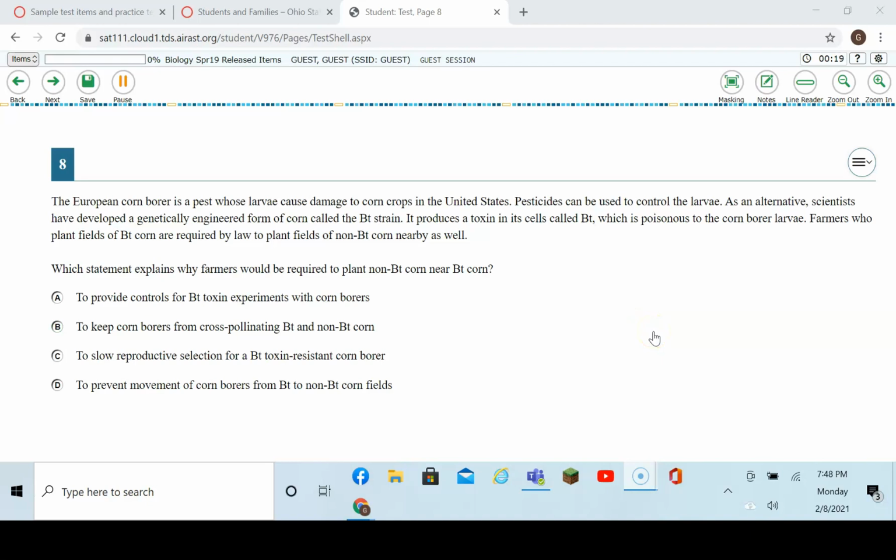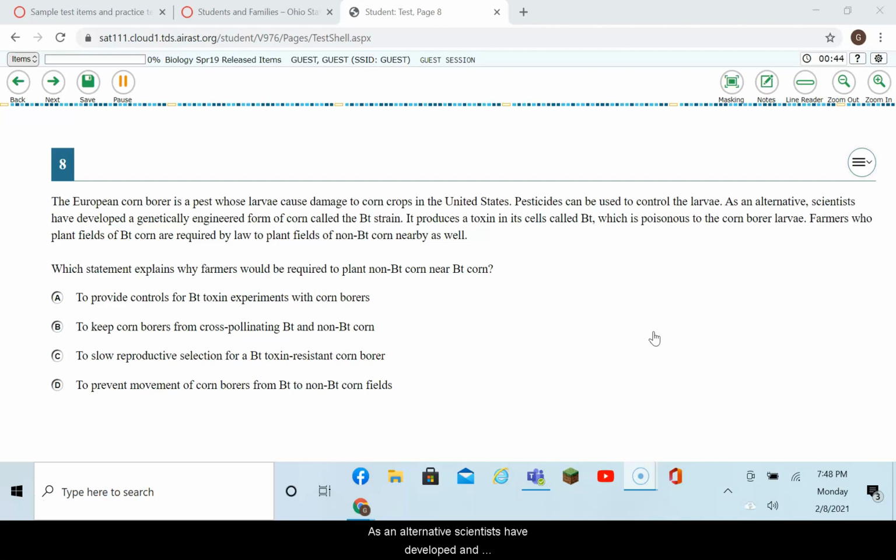Question number 8, and this will be the last question for part 1 of the 2019 Biology State questions. So let's get it going. The European corn borer is a pest whose larvae causes damage to corn crops in the United States. Pesticides can be used to control the larvae.